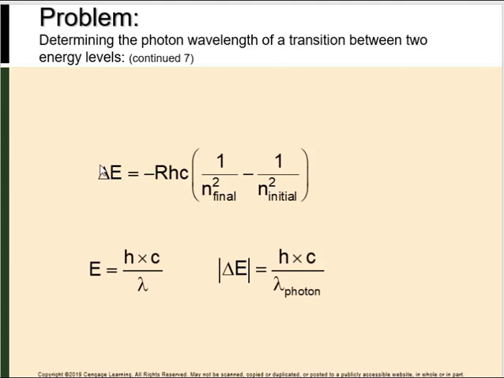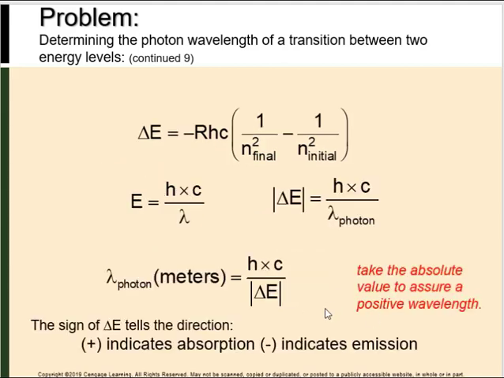If we had a negative E, like if it is emitting light, we would just take the absolute value of it, so that we have a positive wavelength, because there is no such thing as a negative wavelength. We can rearrange that equation to find the wavelength of a photon by doing h, Planck's constant, times the speed of light, all over the absolute value of the E that we found.